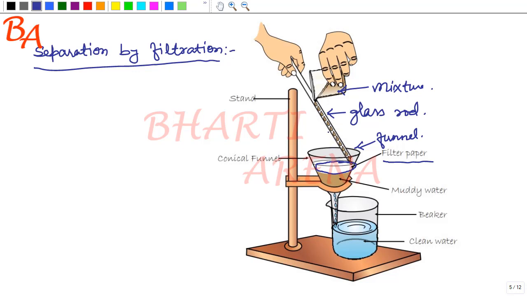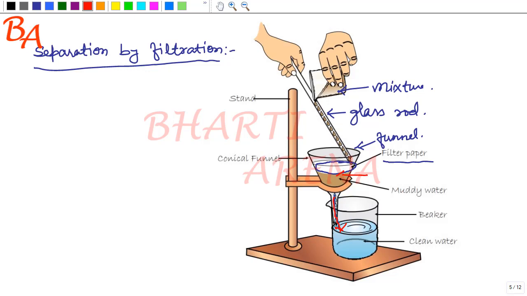When this mixture is dripped in this funnel, then the components having the size smaller, like water, will drip into this beaker, and the components having the size greater than the filter paper pores will remain in the filter paper.